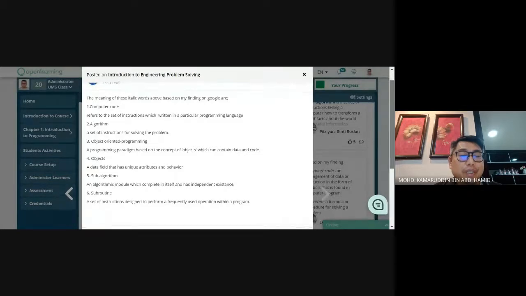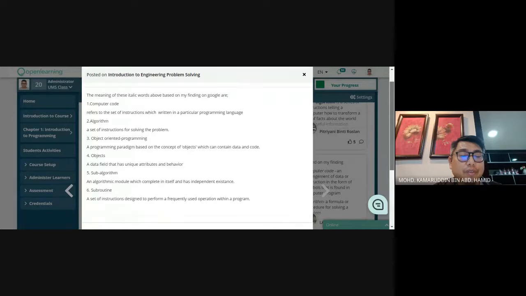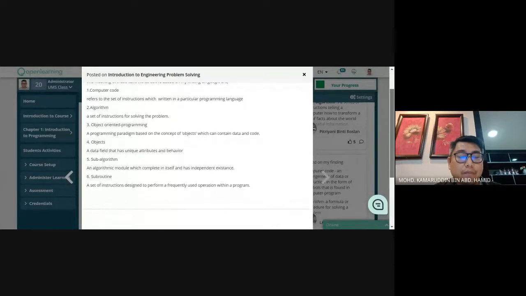Algorithm is a set of instructions for solving the problem. OOP, or object-oriented programming, is a programming paradigm based on the concept of objects, which can contain data and also the coding. Objects are data fields that have unique attributes and behavior.